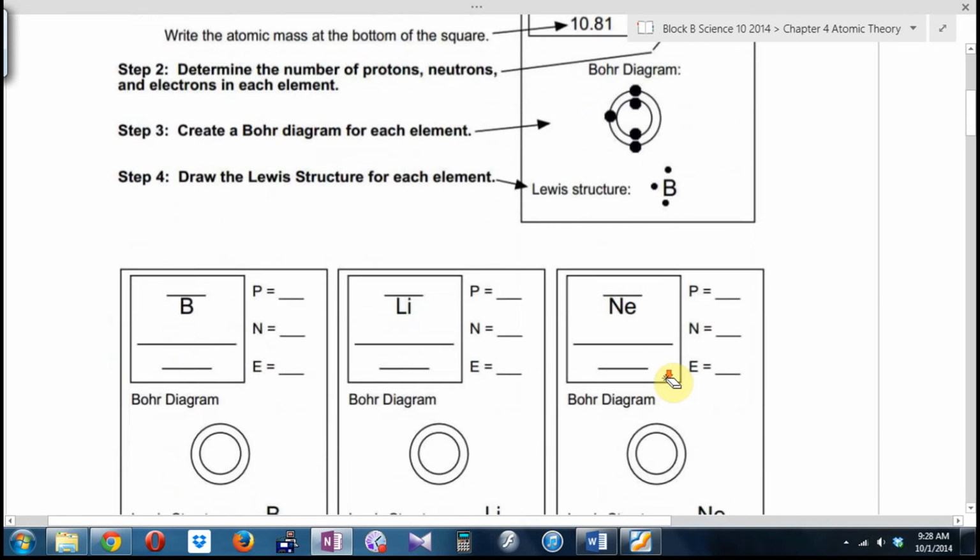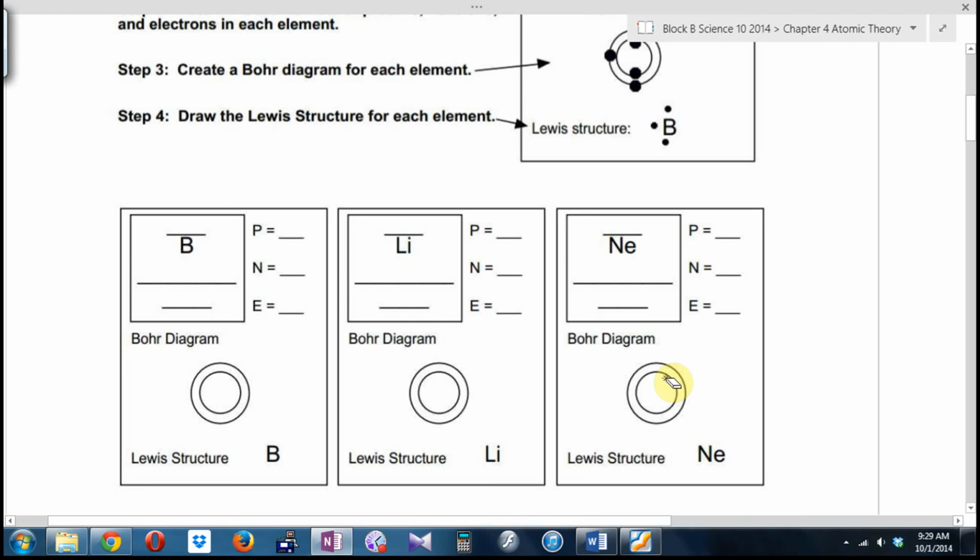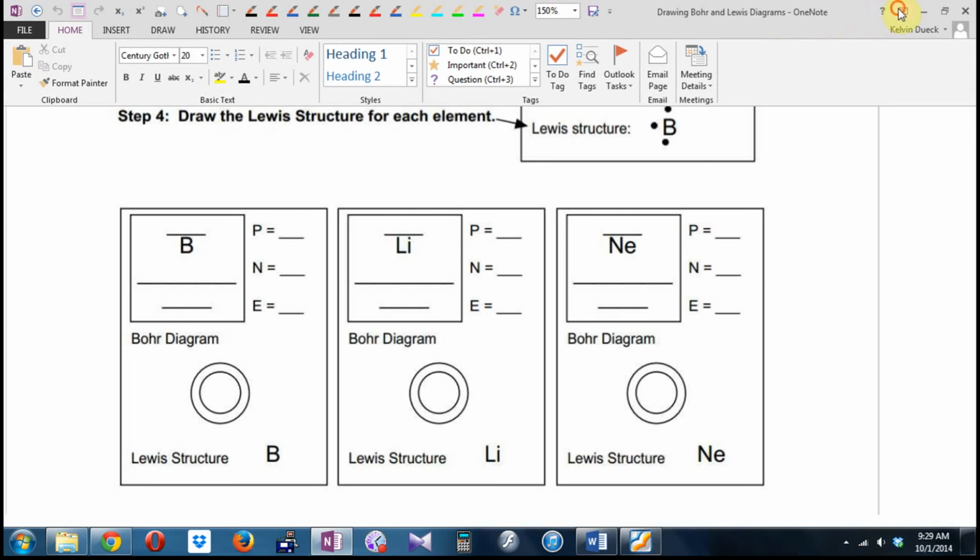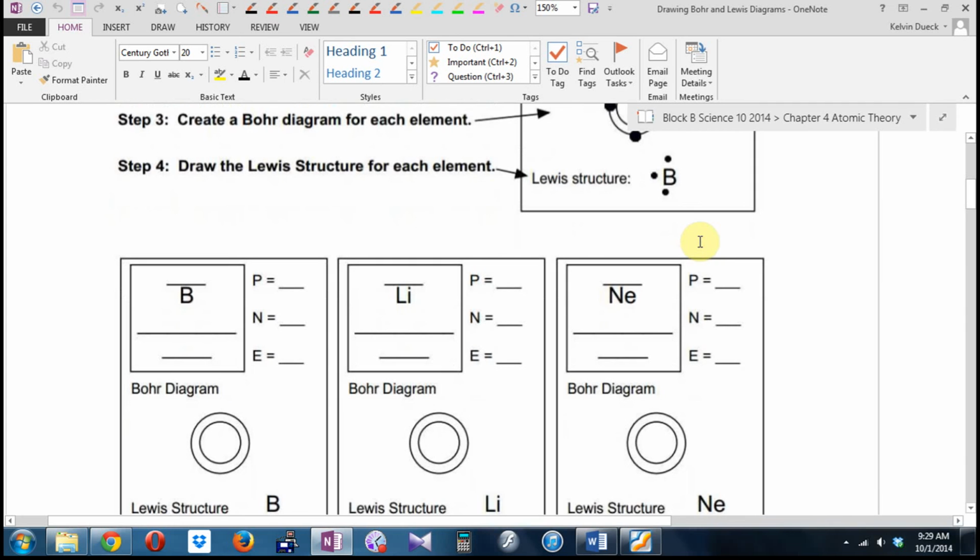So let's do one together. Let's do lithium together. So first thing that goes above lithium is the atomic number. What's lithium's atomic number? 3. So all of you will put a little 3 there. The actual name goes here, lithium.